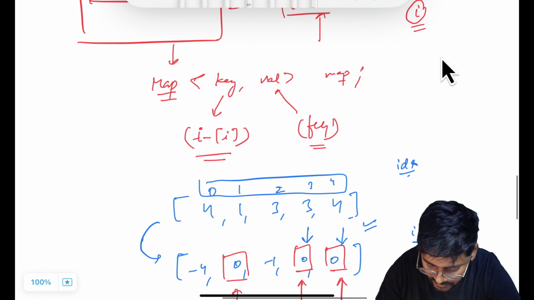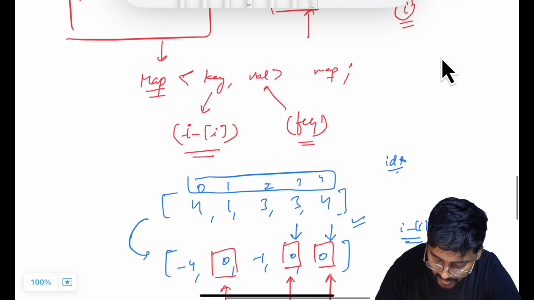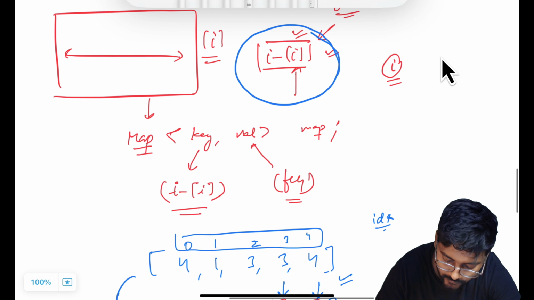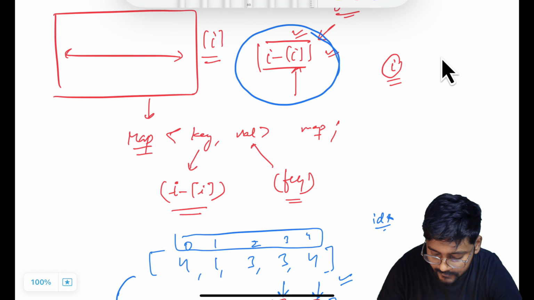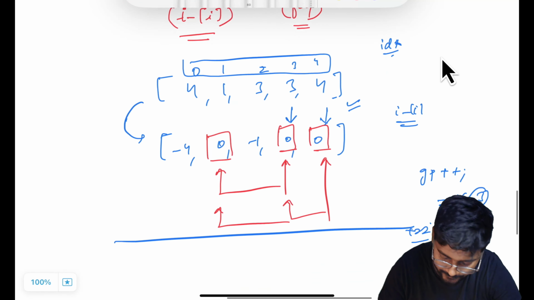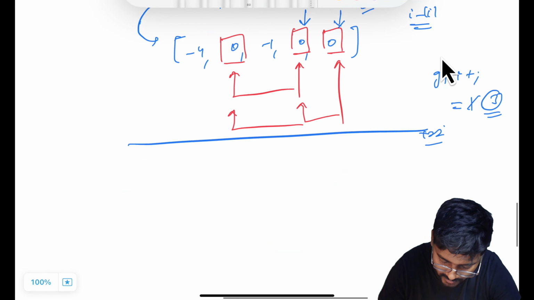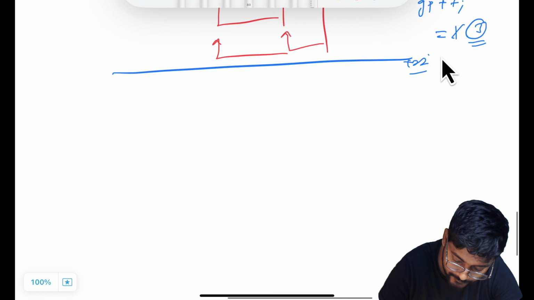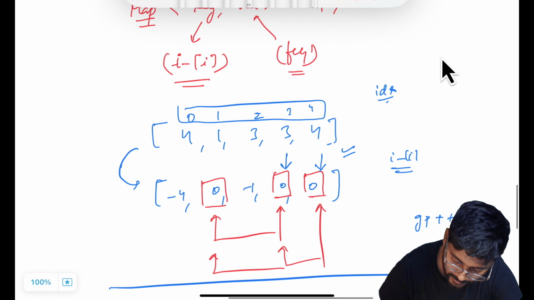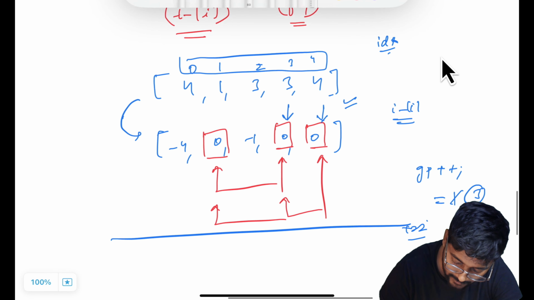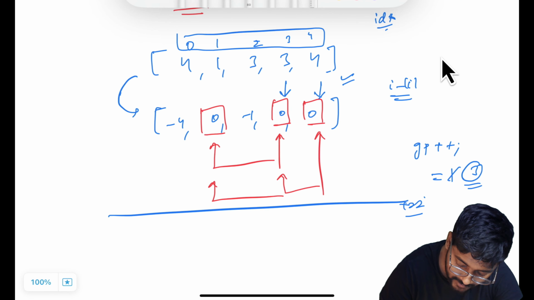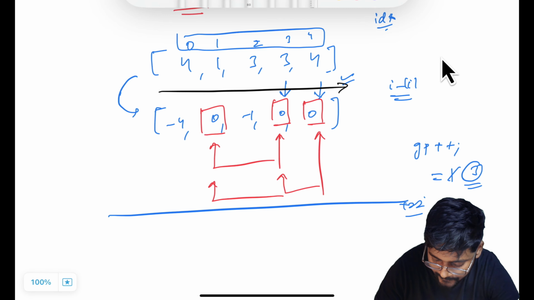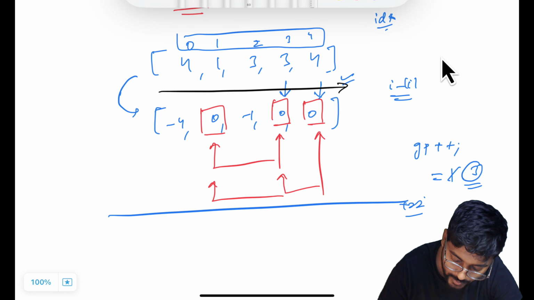Okay. So in this case, what I did is I just captured the value of I minus value at I for every index. And for that I required a hash map, and let's have a look at the time complexity. I can prepare that map while visiting this array. Why?